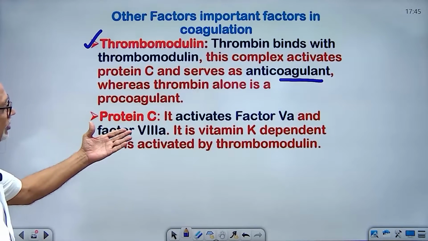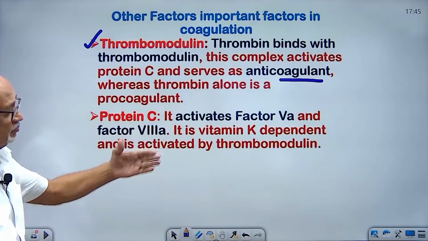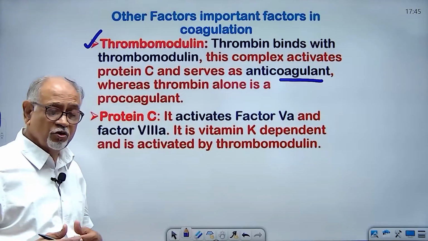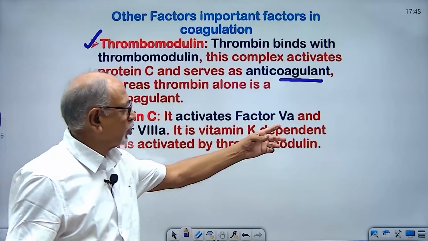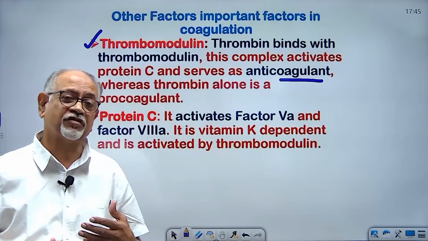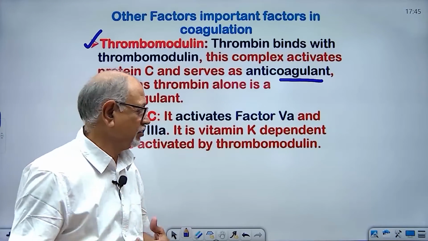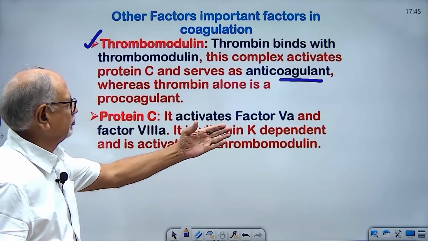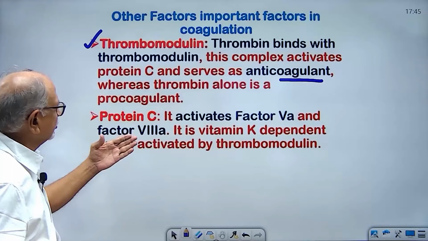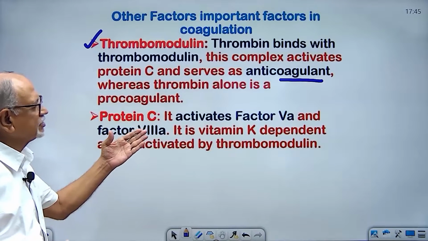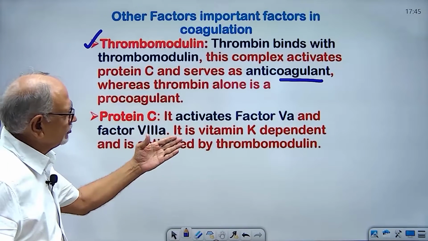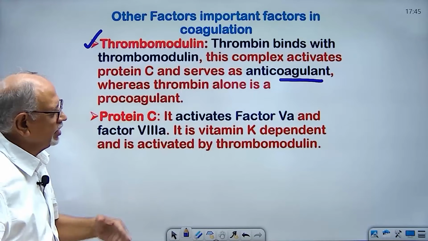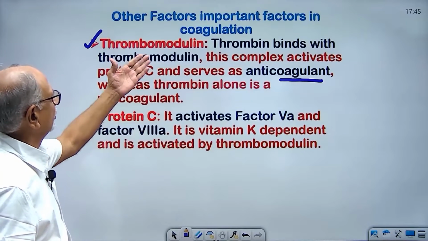Then protein C, it activates factor 5A. When we use the small letter A, it means the active form of the factor. So, it activates factor 5A and factor 8A. It is vitamin K dependent and is activated by thrombomodulin.